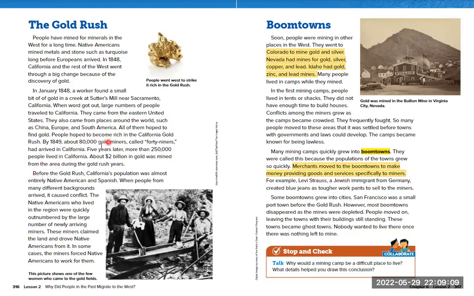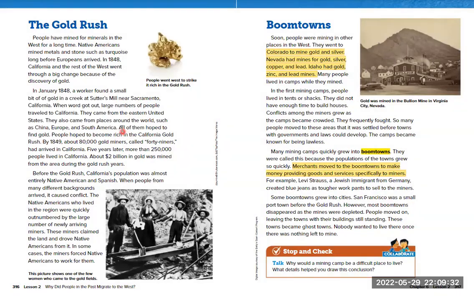So here it says about $2 billion in gold is mined, and California's population quickly changed. But the reason why they moved there was because they wanted to get gold.